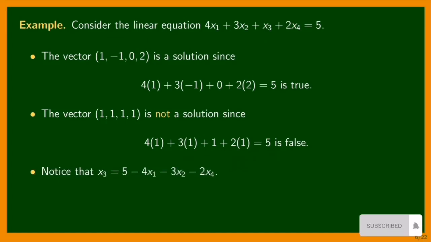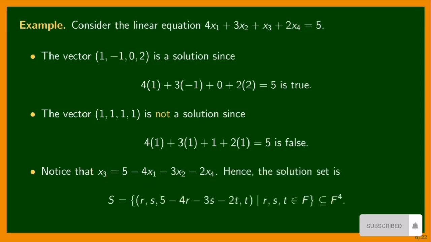Notice that if you look at this equation, you may solve for x3 by isolating it on the left hand side and putting these terms on the right hand side as shown. This means that the value of x3 is dependent on the values of x1, x2, and x4. Meaning, if one assigns a number to each of x1, x2, and x4 arbitrarily, then you get a unique value for x3.